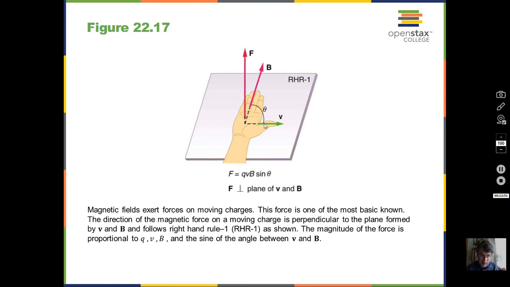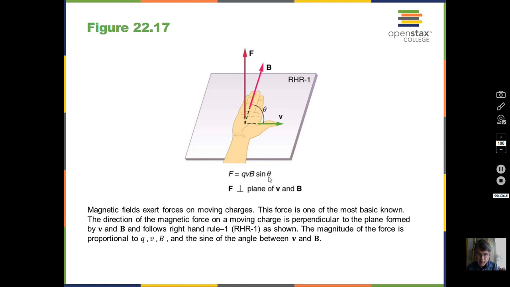And this drawing is actually wrong, and we'll explain what needs to be done here. But we have some charge. We have a velocity for that charge, so this is not voltage, this is velocity in meters per second. The magnetic field strength will be measured in Teslas, our standard unit. And then we have some angle in between the velocity vector and the magnetic field vector.